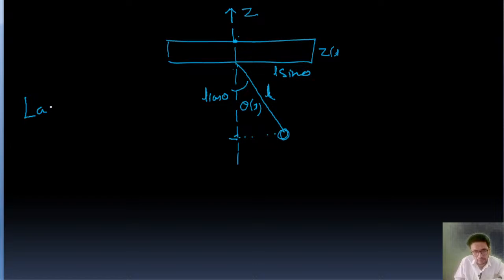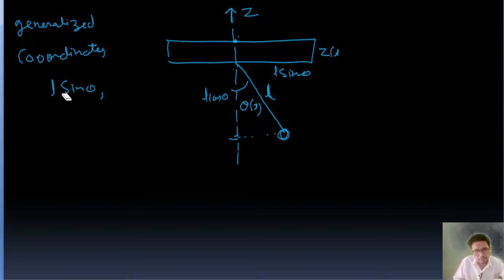The generalized coordinates are L sin theta, comma, L sin theta, comma, L cos theta plus Z, or this is minus L cos theta plus Z, to get this distance.